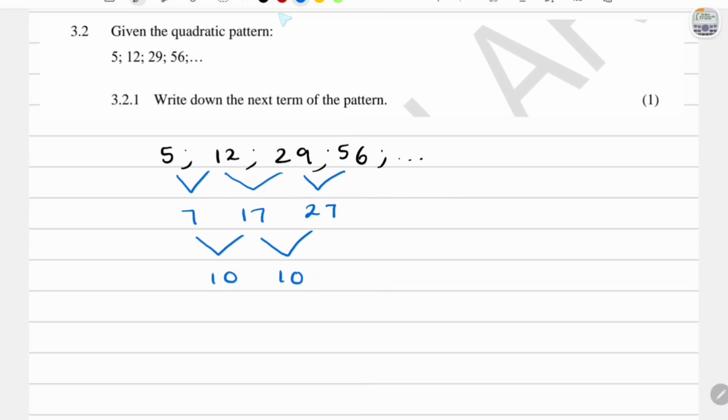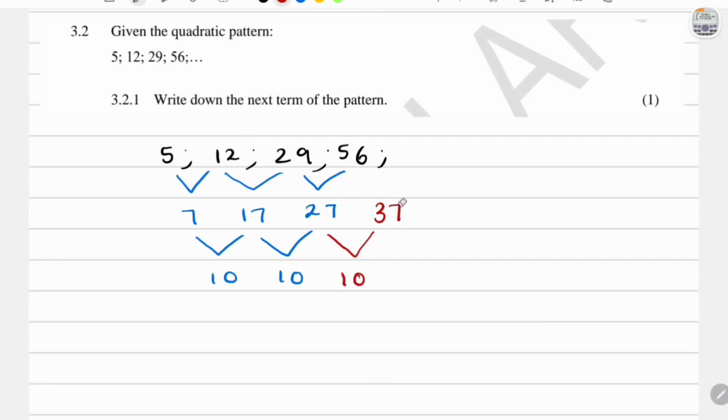So now that we have that, to find that next term, the 5th term in this pattern, what we know here is that our constant difference is always going to be constant. So since it's always going to be constant, we're definitely going to have a 10 here. Now that we have a 10 here, we'll be able to find the 4th term of the first difference by saying 27 plus 10, because this is a positive 10. 27 plus 10 is 37.